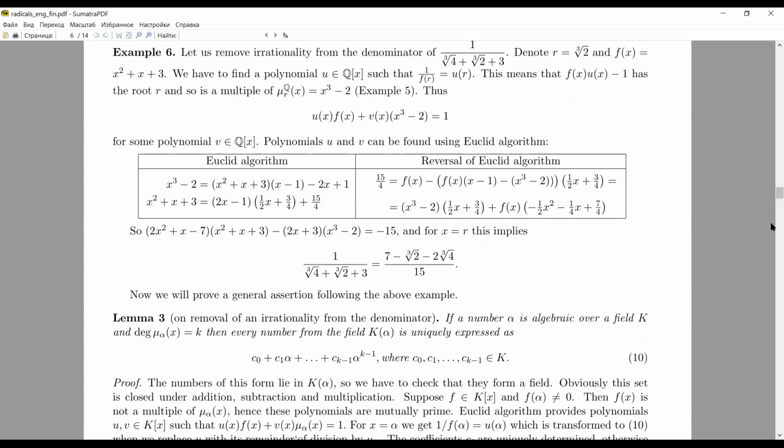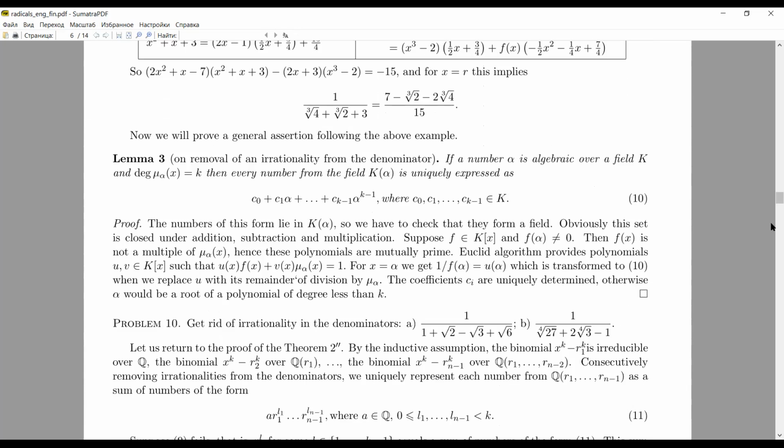If number alpha is algebraic over field K of degree k, then every number from the field K of alpha is uniquely expressed as a polynomial over K. It means that powers of alpha, 1, alpha, alpha square, etc., form a basis of this extension, K of alpha over K. The proof is an application of the Euclidean algorithm.